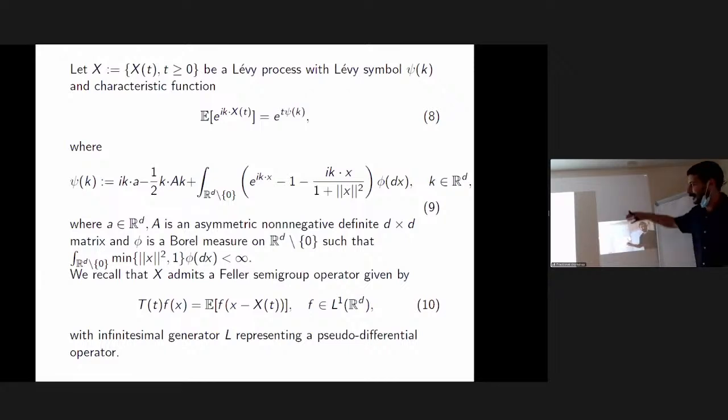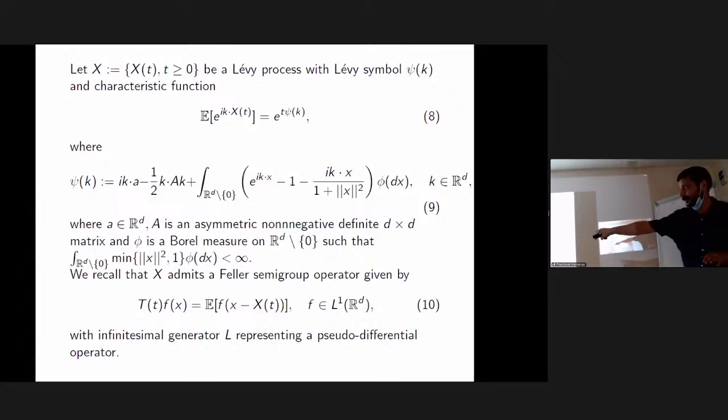Okay, I don't recall that the characteristic function is given by equation 8. The most important fact is equation 10. For any Lévy process, we have equation 10. Any Lévy process admits a semigroup operator.